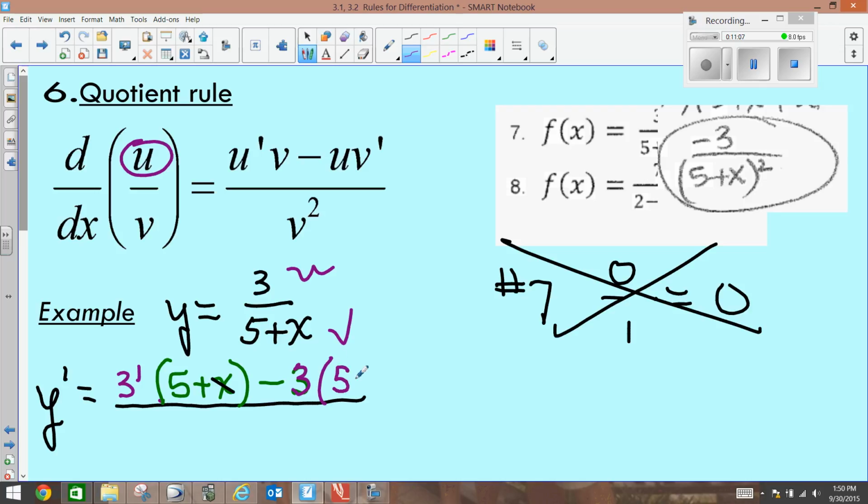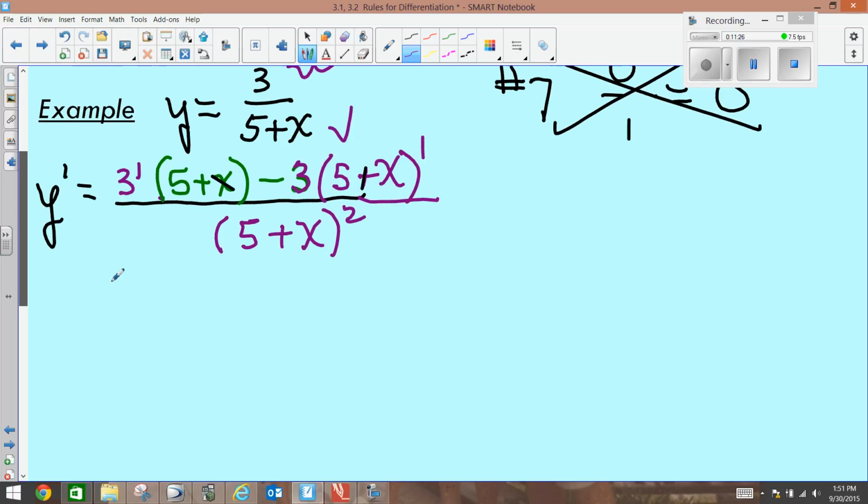I swear I'm asking for those colors, but they're not working, so I'm going to forget the color coding. Okay, all right, so that's the top. Now the bottom, please note, it is not a derivative. It is b squared. b is the bottom, so 5 plus x squared.